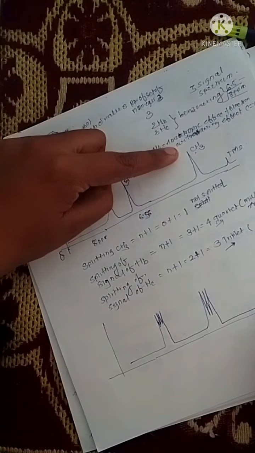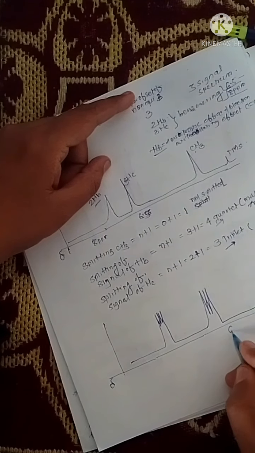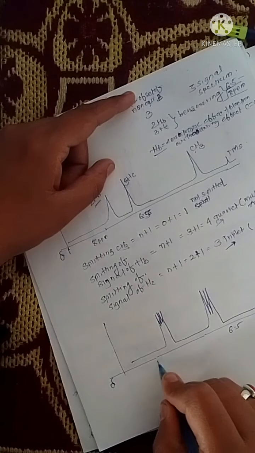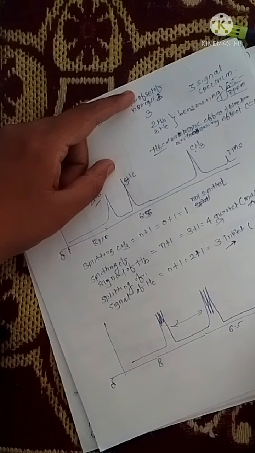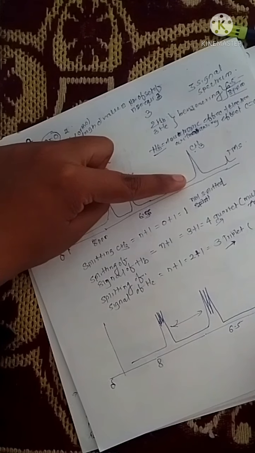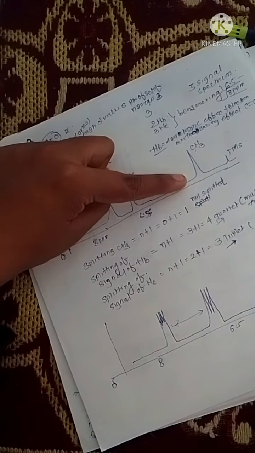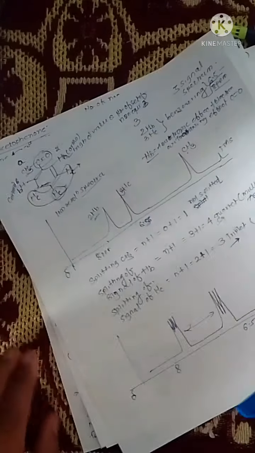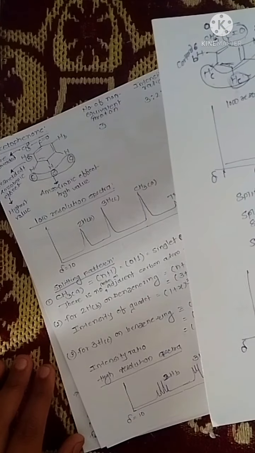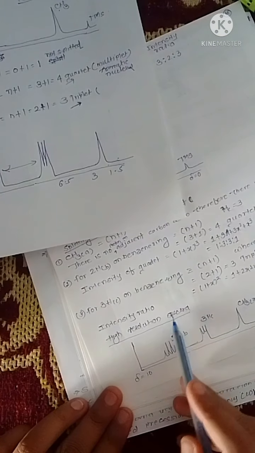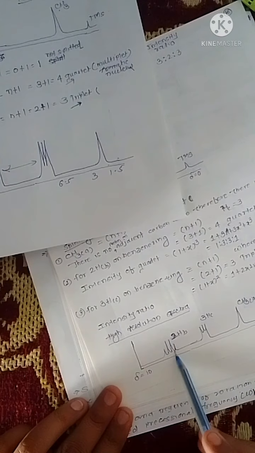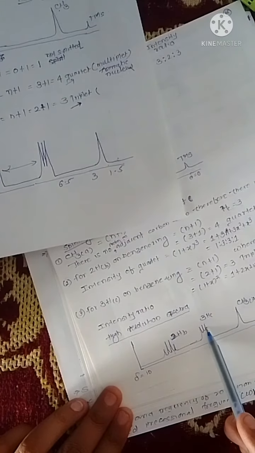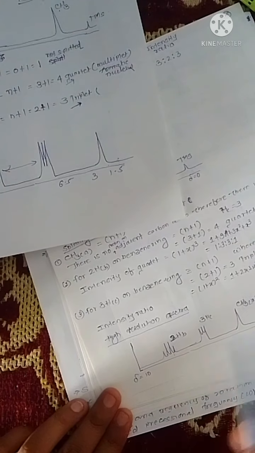This delta is from the region 6.5 to 8, this peak, and this peak is in the region generally 1.5 to 3. So see here the actual high resolution spectra. It comes as a quartet, it comes as a triplet, and it is a singlet.